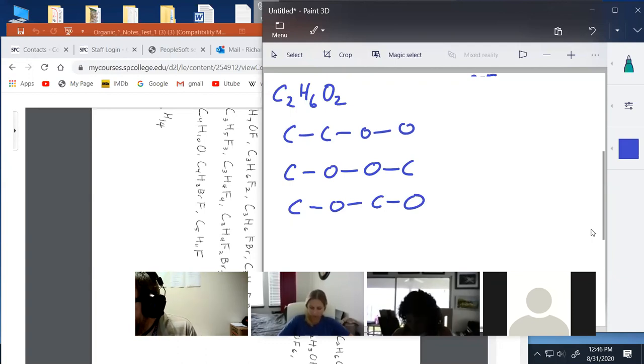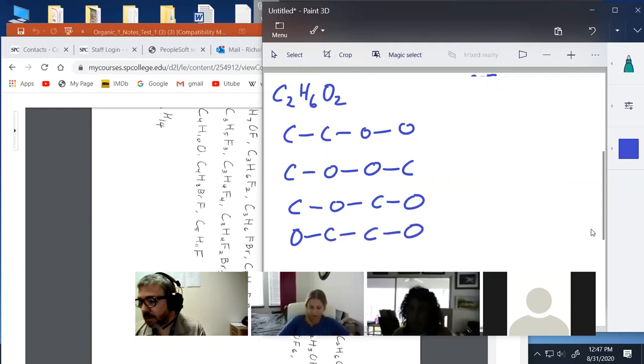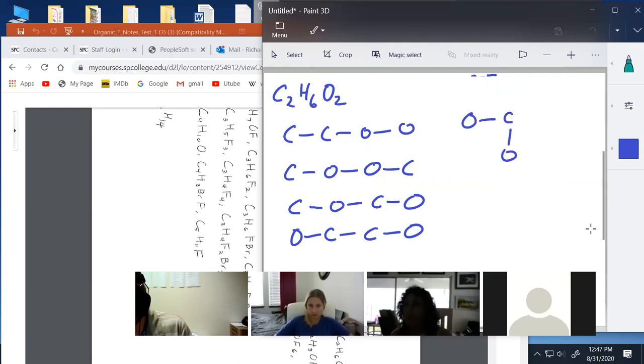We can do O's on the ends like that. And we can also do this as well, which is probably the one that you might have forgotten. Ooh, tricky.